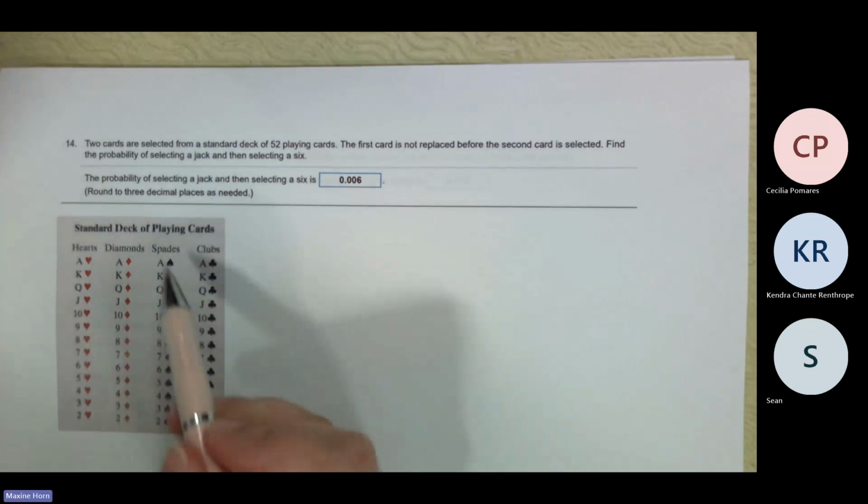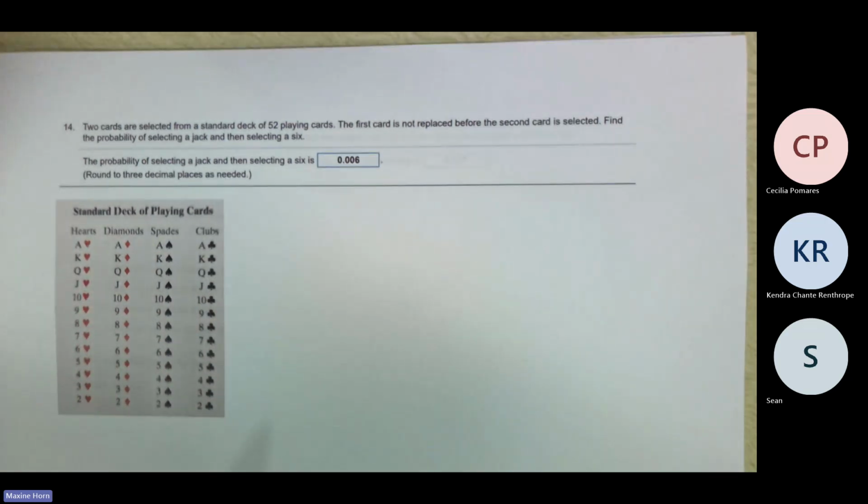Okay, so I copied and pasted this here so that we can keep track of what we have. Hearts and diamonds are red, spades and clubs are black. I feel like a lot of people know this, but some people do not. If you don't, make sure that you understand this, because they're going to assume that you know how many cards are in each.